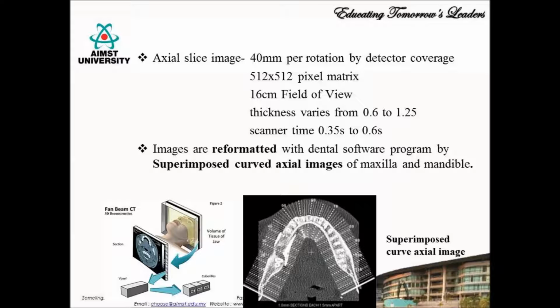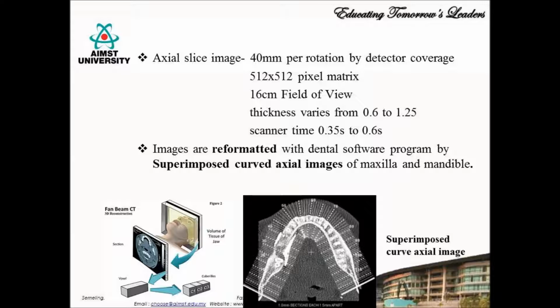Images are reformatted with a dental software program or interactive reformatting software to panoramic or sagittal oblique images of the maxilla and mandible by superimposed curves on axial images. A curve is superimposed on an axial image of the maxilla or mandible approximately at the level of the tooth roots, thus defining the plane and location for reformation of the panoramic and sagittal oblique or paraxial or cross-sectional images.